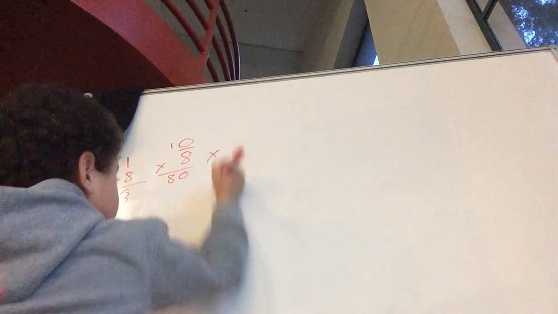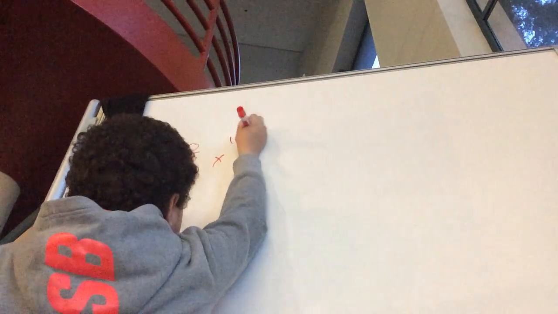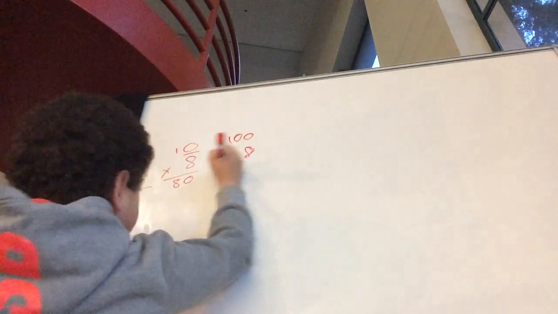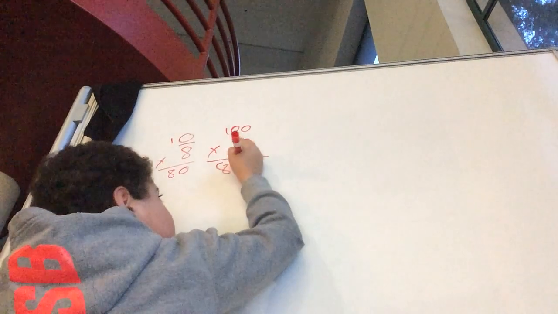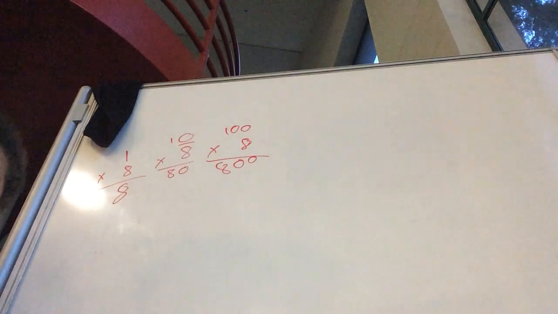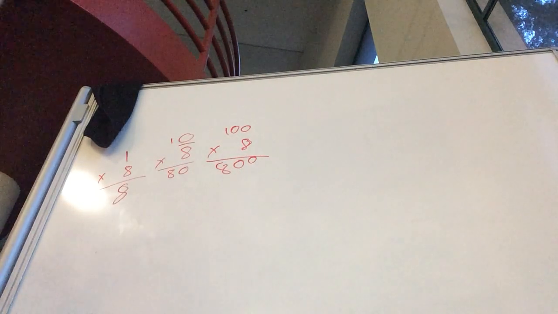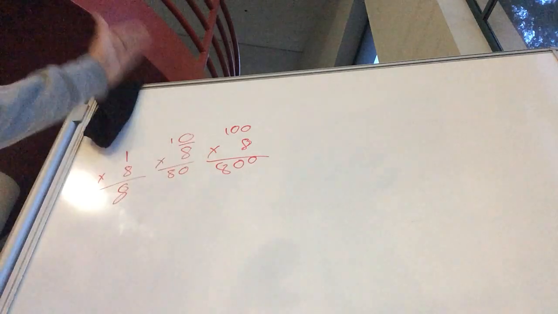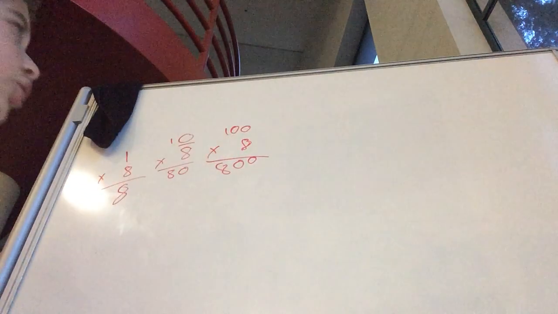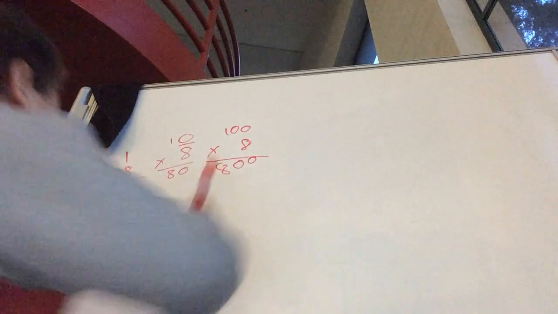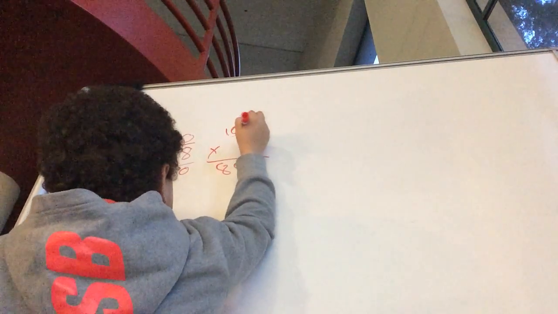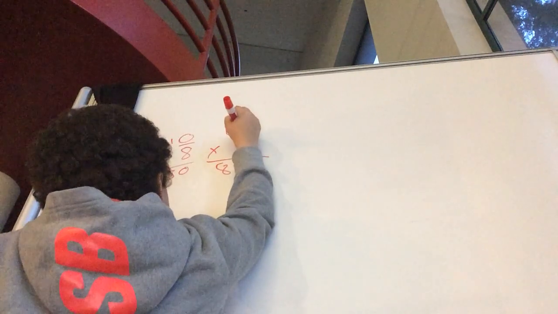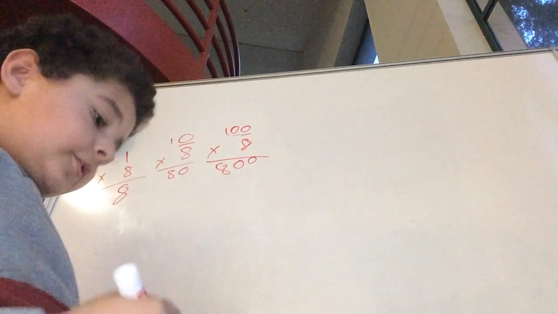Now, times 100 is 800. You might be wondering, Adam, what the heck is wrong with you? There's 2 zeros. See, 0, 1, 2, done.